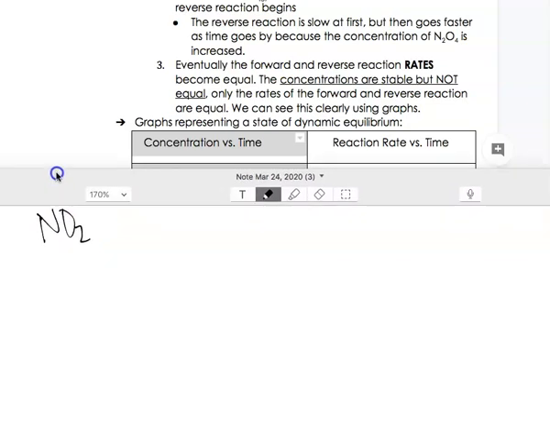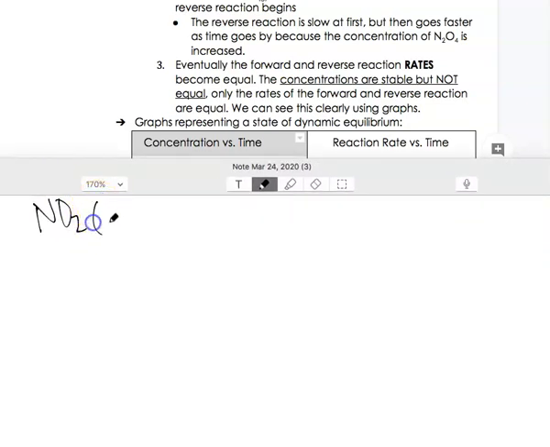You are throwing that into a closed system, a closed vessel, a closed container, and you're going to produce this product, N2O4. Once you have enough N2O4, then you're going to go back in the reverse direction, and eventually the rate of production of both substances will be the same. However, the concentration is not the same, so we're going to illustrate that using a graph.